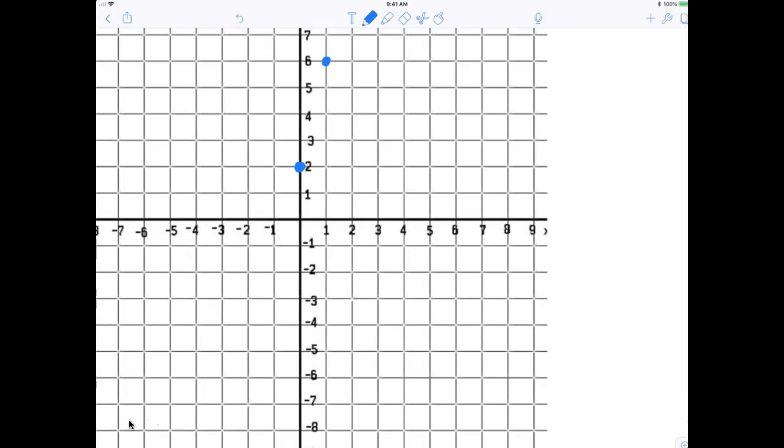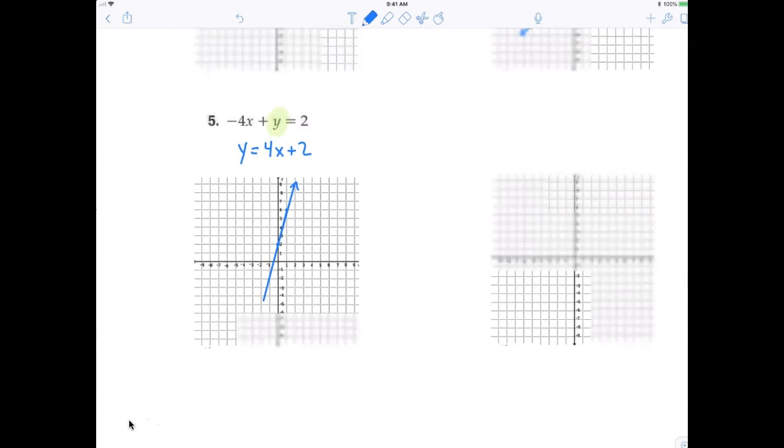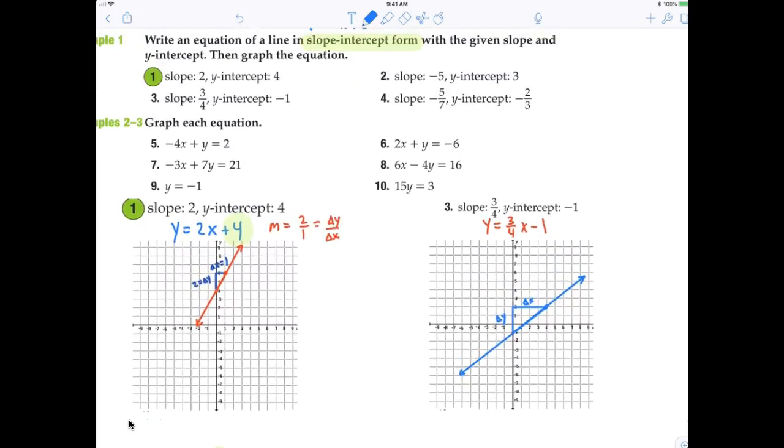Brilliant. All right, that was a little bit harder because we had to isolate the y. All right. Now, again, I just said it's a little bit harder. So, nobody has a question. Nobody has a question. All right, brilliant. All right, after 5, let's grab 7.